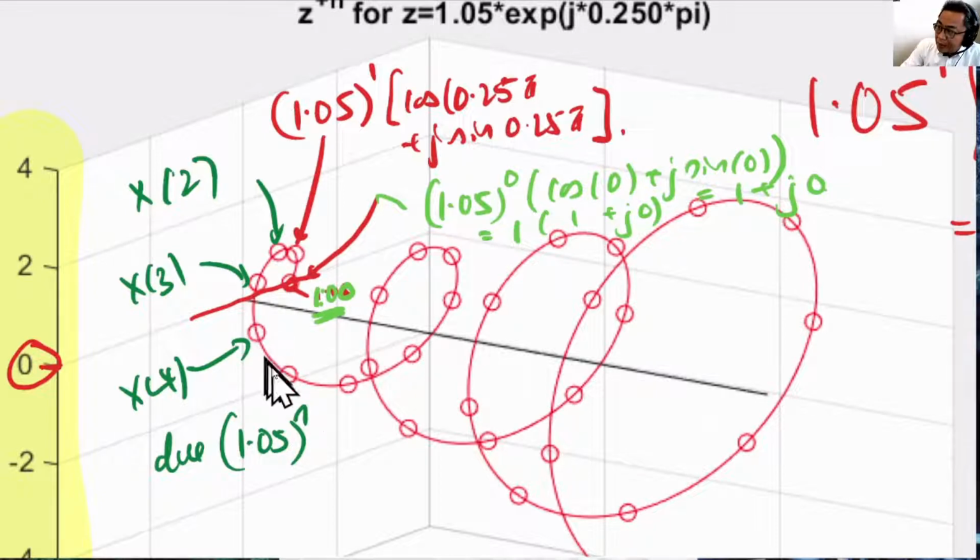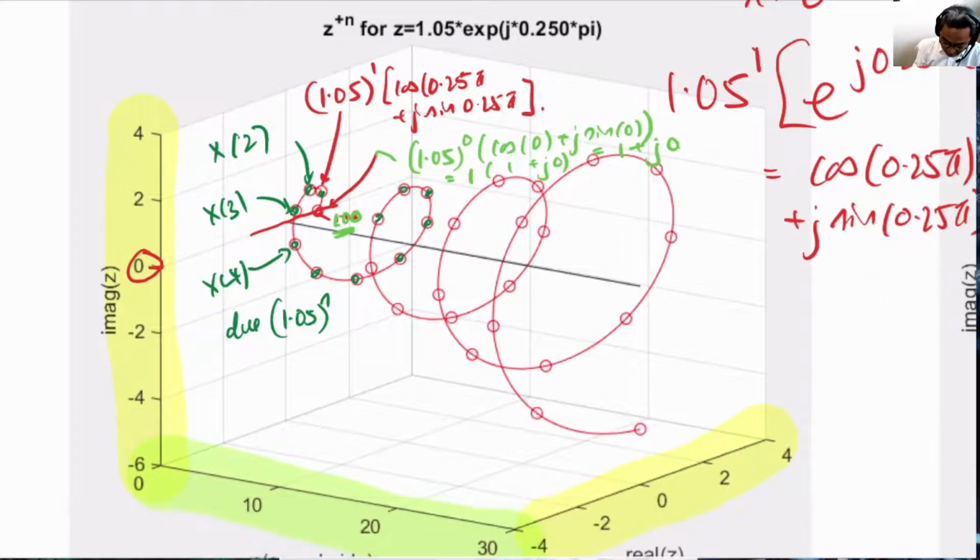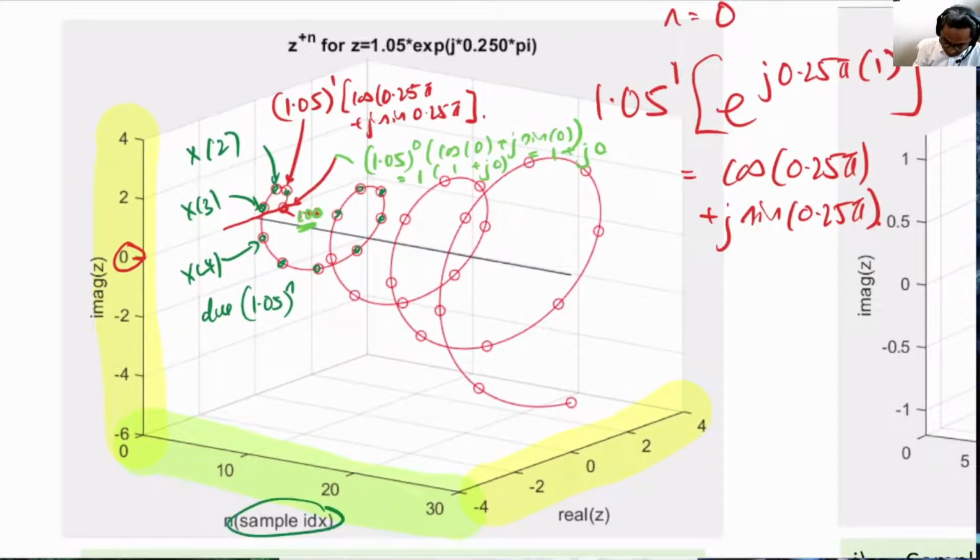That red line is drawn for you to see the link between all these circles, which are the only values we can see, as they are the values that occur at integer values of time or sample index n.